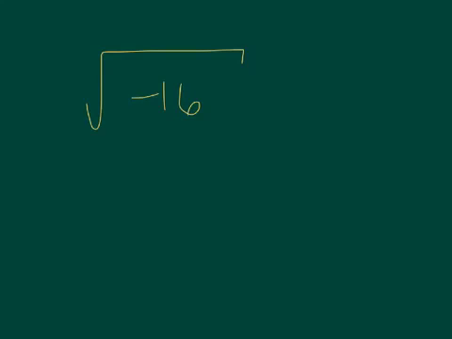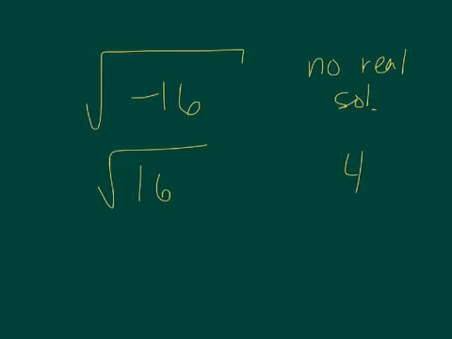But this would be no real solution. But if you had the square root of 16, Dave, it's just 4, okay? And remember, when you're just asked to take a square root, we're assuming you're looking for the principal square root. So although we know that negative 4 squared does indeed give me 16, we just answer with 4.